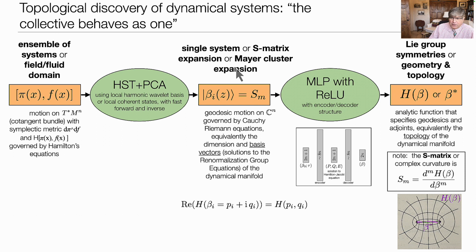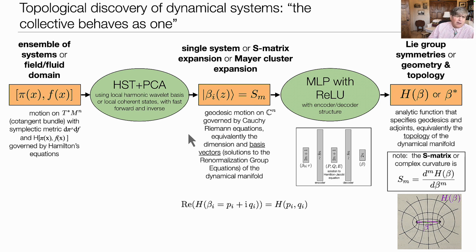This also is the domain of the solutions to the renormalization group equation, and they are also sometimes called the m-particle Green's functions. Because this is the Heisenberg S matrix expansion or scattering cross sections, we have called this the Heisenberg Scattering Transformation.